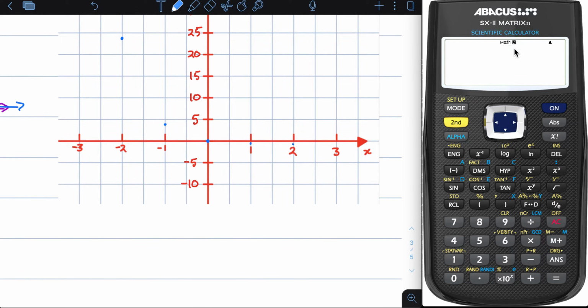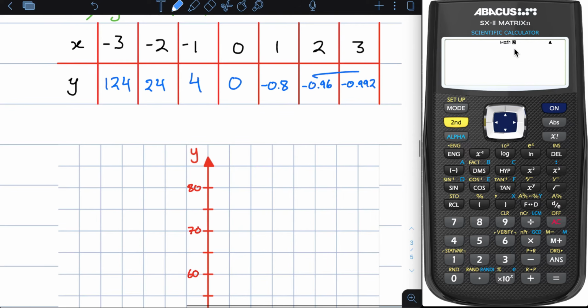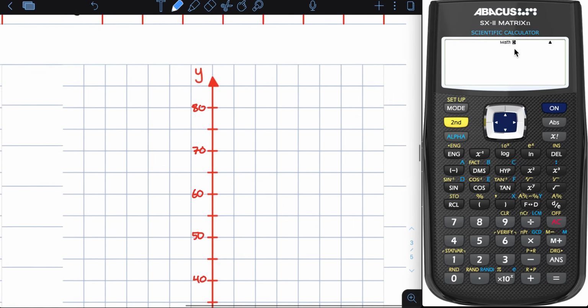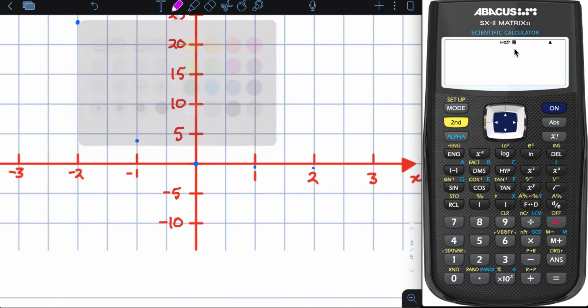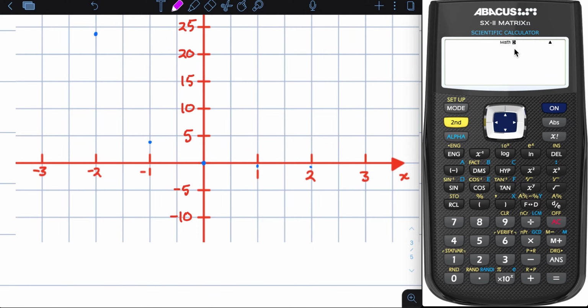In actual fact, all of these are very close to negative 1, which is where our asymptote would be. So the asymptote would be along this line here.